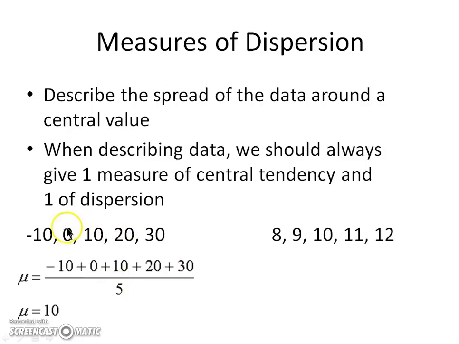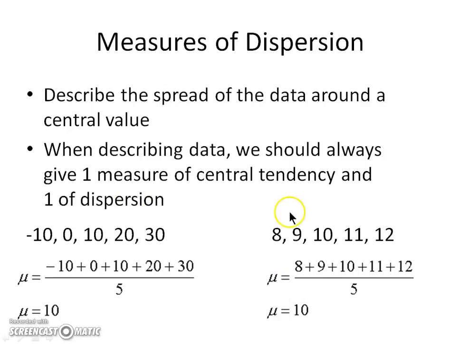Because I have 5 samples, my mean in this case would be 10. For my second set of data, the mean would be 8 plus 9 plus 10 plus 11 plus 12, the sum of the 5 samples divided by 5, which also gives us a mean of 10. So in both sets, my mean is 10.